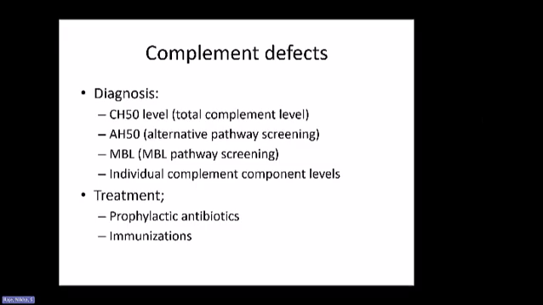But otherwise, if there is a patient with sinopulmonary infections and you are thinking more about defects in the classical pathway, you could start with CH50. Ideally, it should be both, but we don't typically practice in ideal situations, right? So, okay. All right, let's move on.